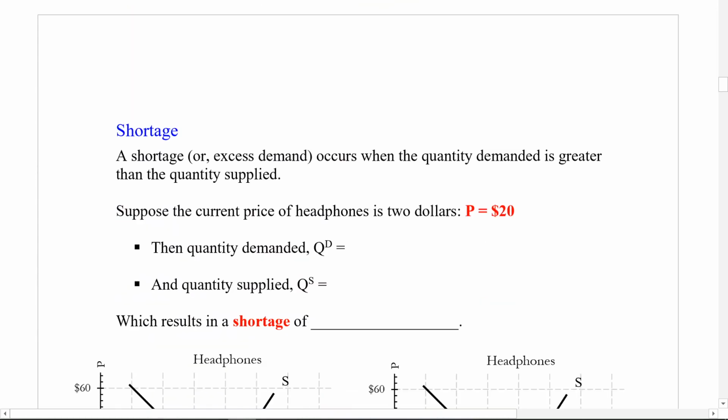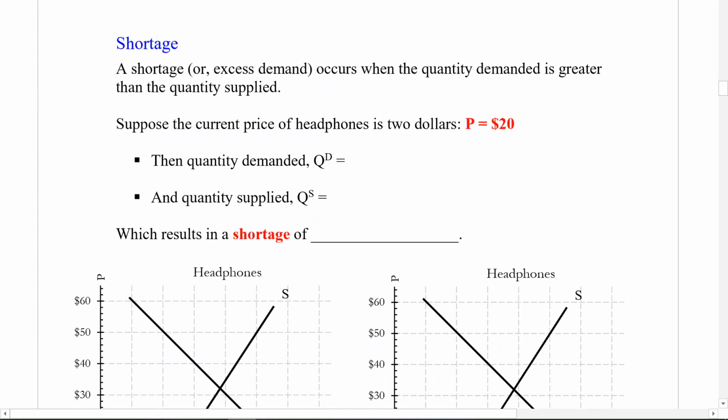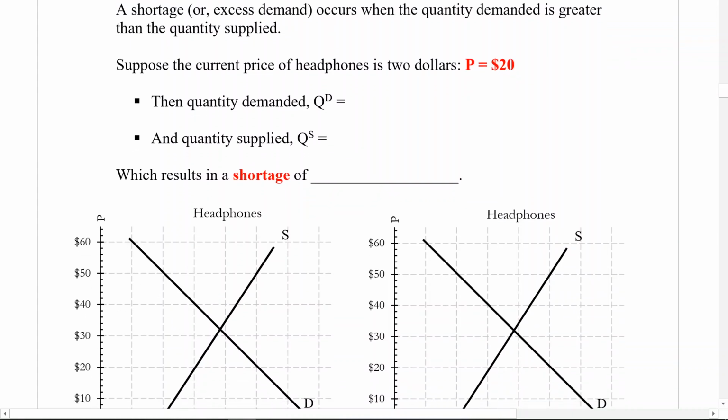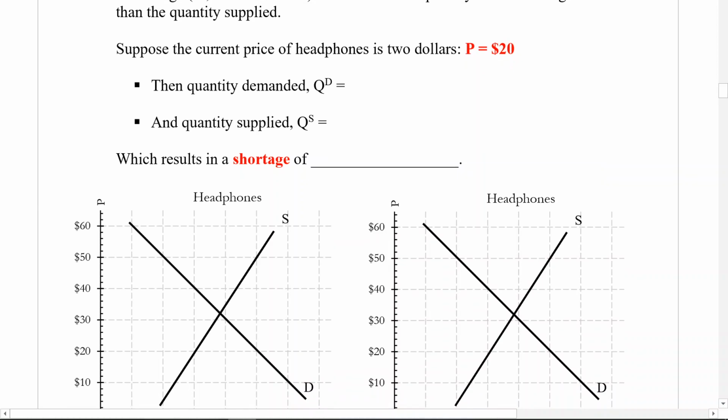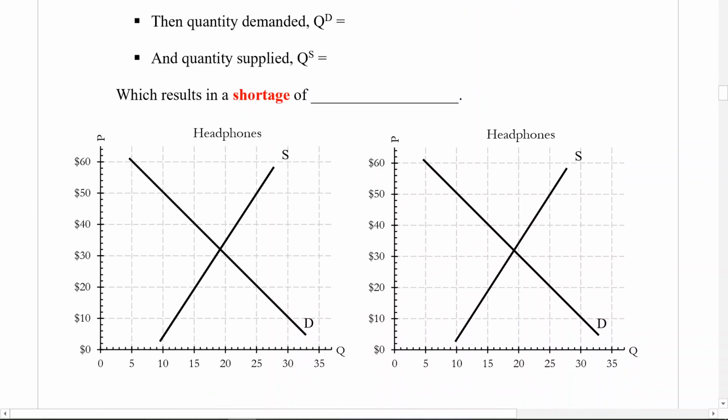We do something similar on the shortage side. So excess demand, where quantity demanded is greater than quantity supplied. We use an example of headphones and suppose that the current price is $20. At $20, we come over here. There's our quantity supplied of 15.